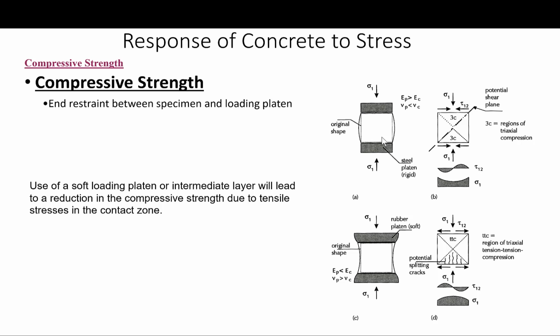This slide further explains the resultant triaxial compression at the ends, and how the use of a soft loading platen or intermediate layer between the end platen and the specimen will lead to a reduction in the compressive strength due to tensile stresses at the contact zone.